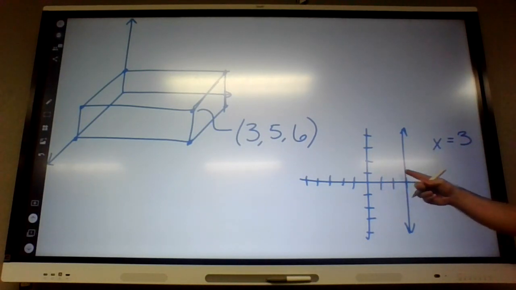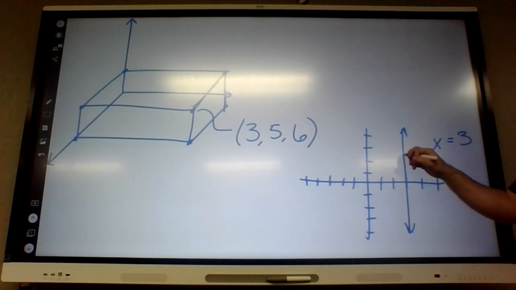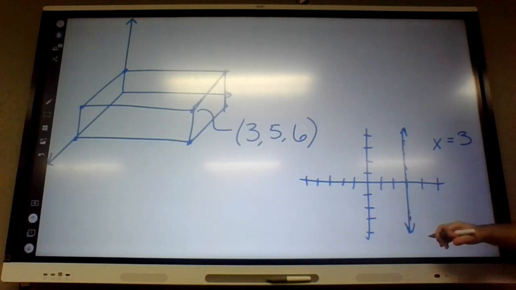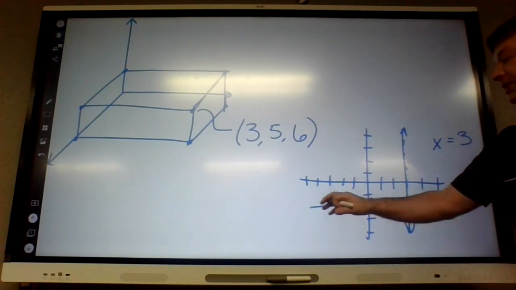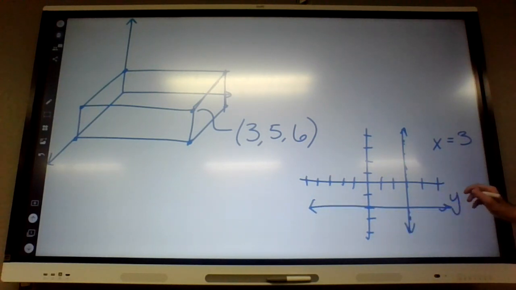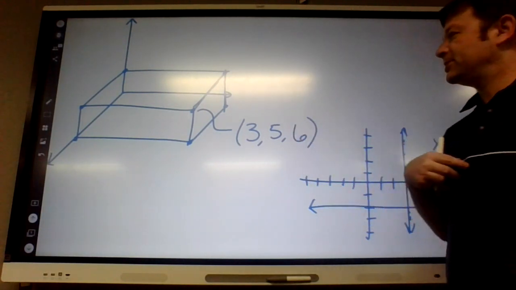Because all the x values on it are 3, all vertical lines have an equation like that. So this would be like y equals -2. So a line is to a two-dimensional image what a plane is to a three-dimensional image, basically.